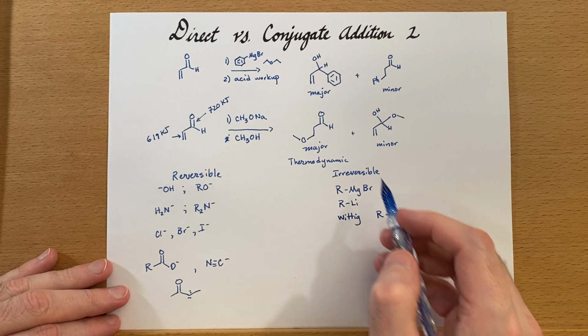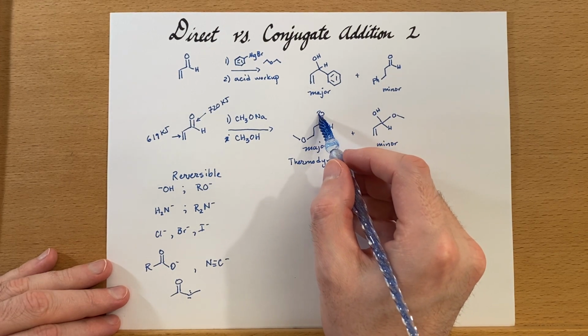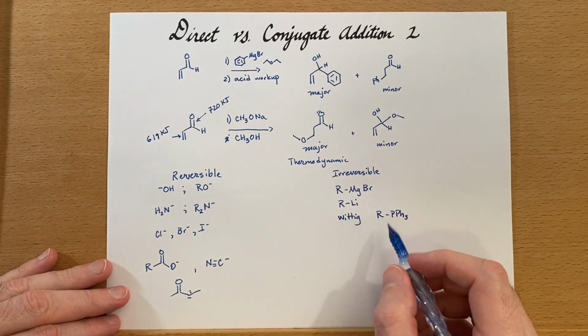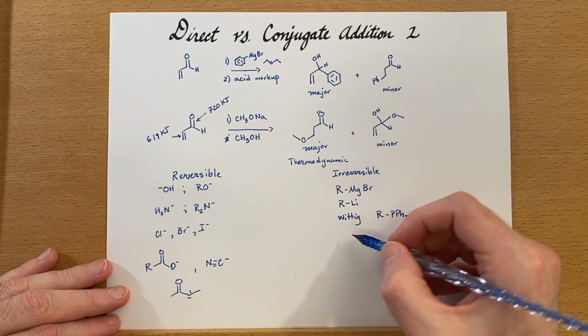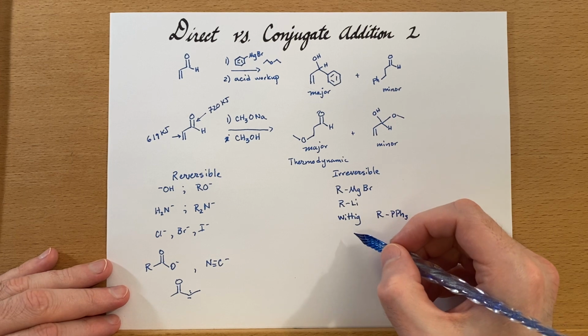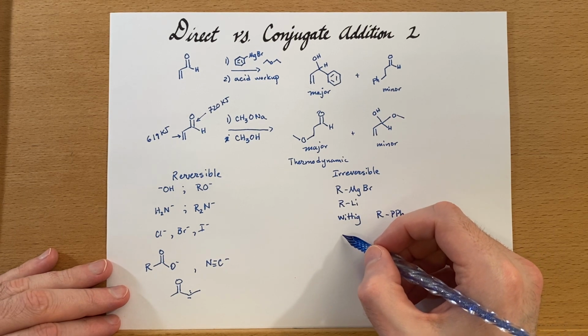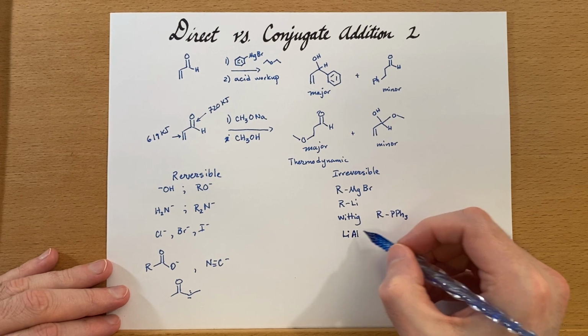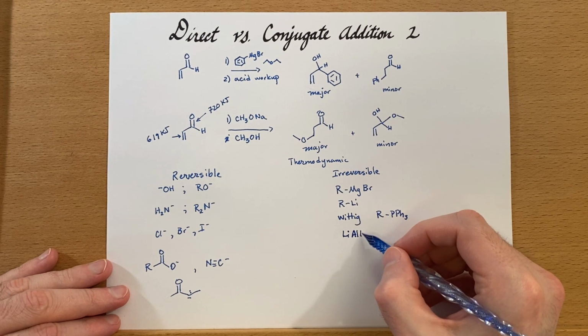So they will attack that oxygen right up here. It's not going to do a 1,4. And then our lithium aluminum hydride and sodium borohydride, those are very strong as well, and they'll add irreversibly.